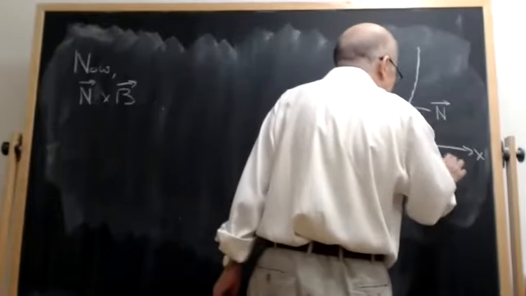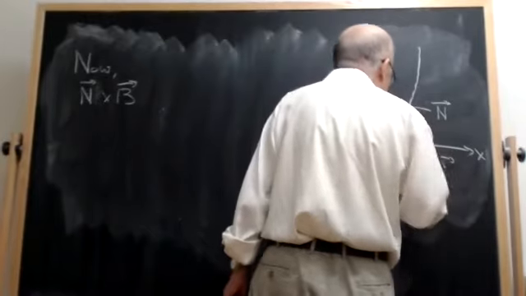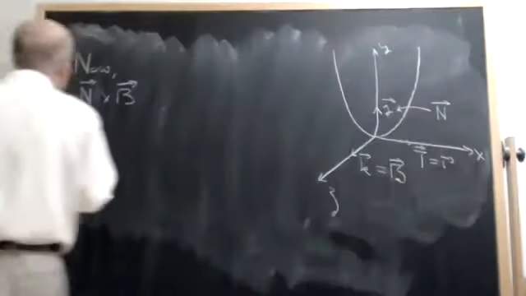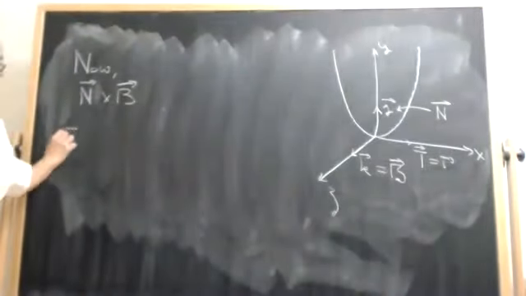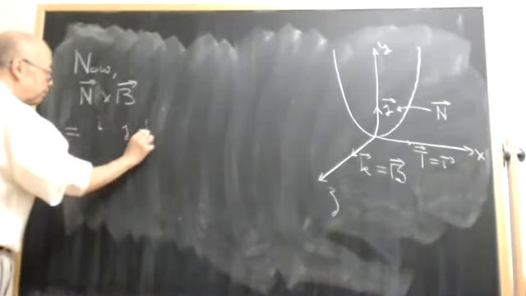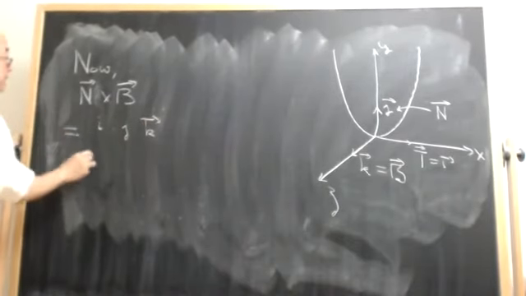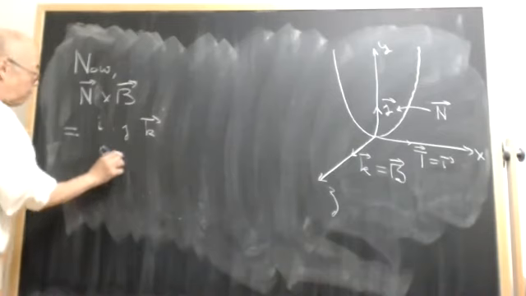And this is i. Now let's check it. So we have i, j, k. N is 0, 1, 0.